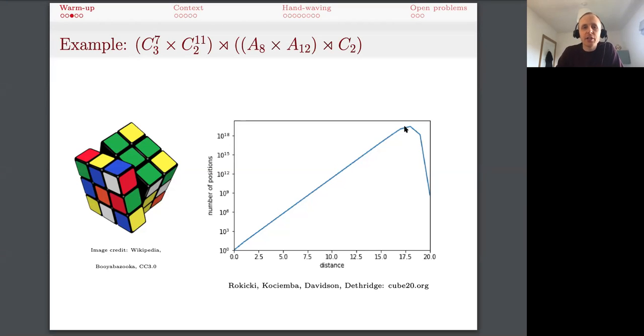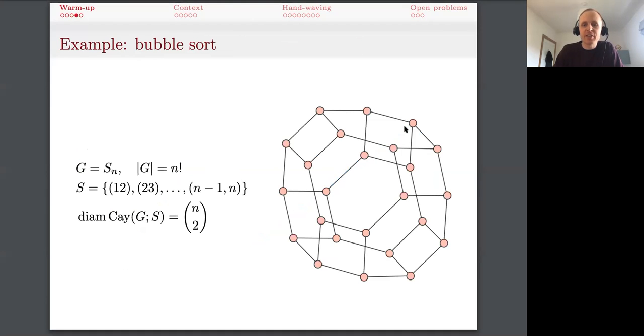Okay, so let's look at another example. Let's look at the symmetric group, the group of all permutations of n objects. And for the generating set, I'm going to take all transpositions of neighboring elements. So the transposition (6, 7) is in my generating set, but the transposition (6, 10) is not.